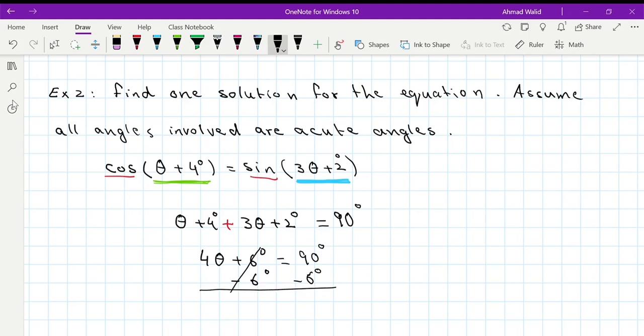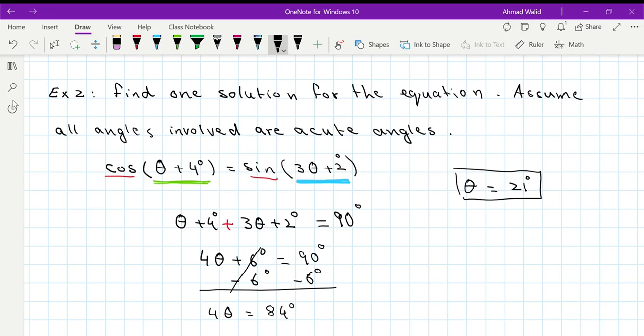Then you can write 4 theta equals what? 84 degrees. Divide both sides by 4. Theta equals 21 degrees. Here you go. You found your theta. Okay. This is the solution for your equation.